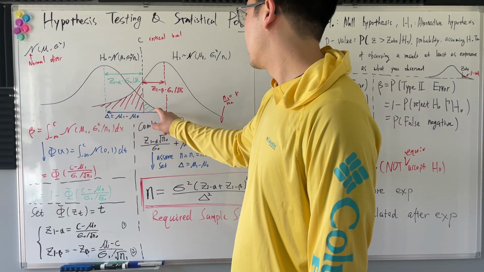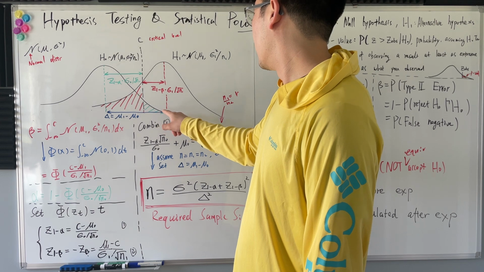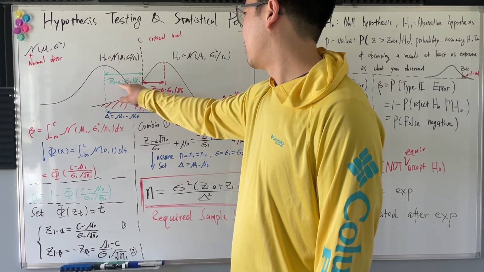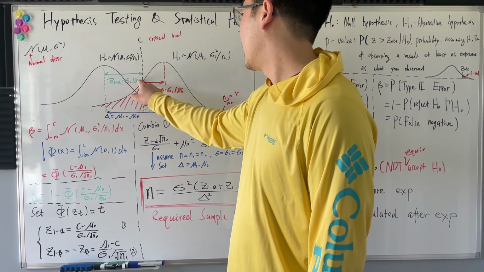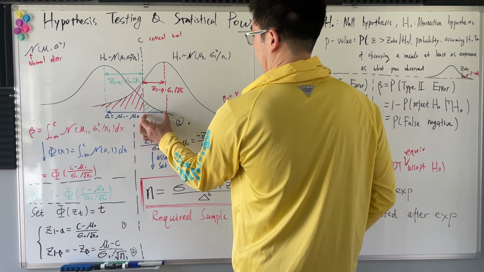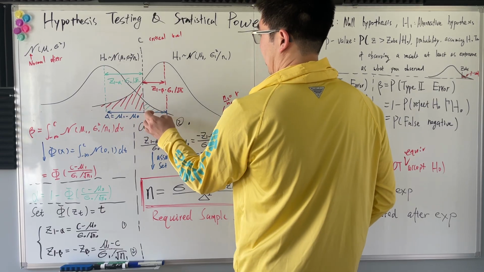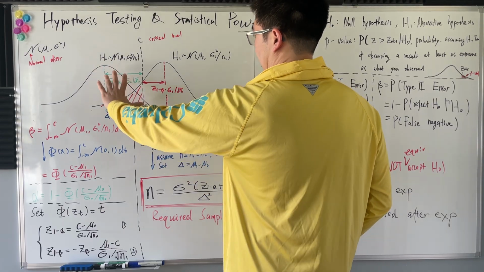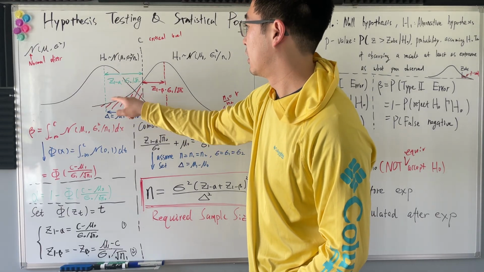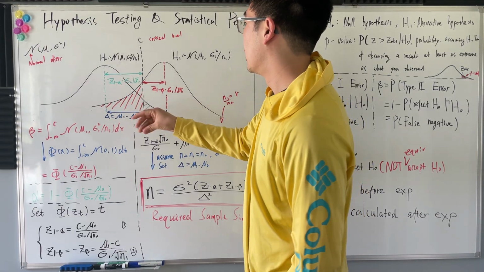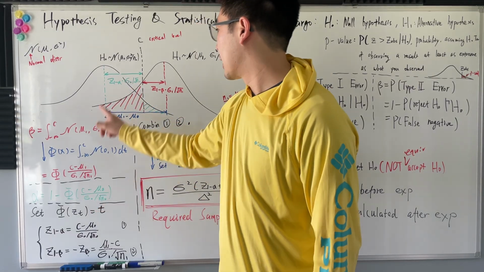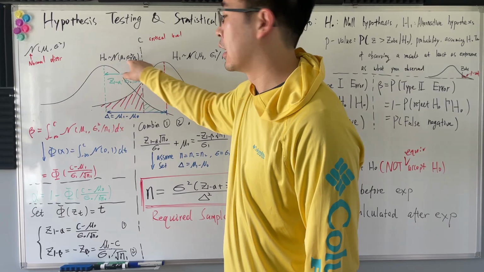From here, this distance is z_{1-alpha} normalized. Because this area is alpha, this area is 1 minus alpha, and then you need to normalize it back to this shape.